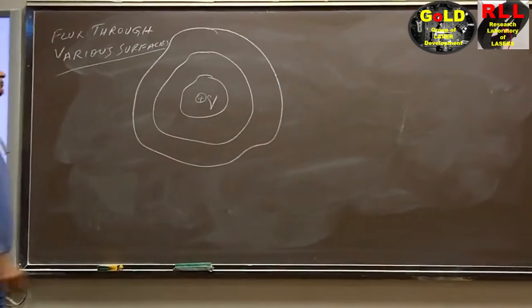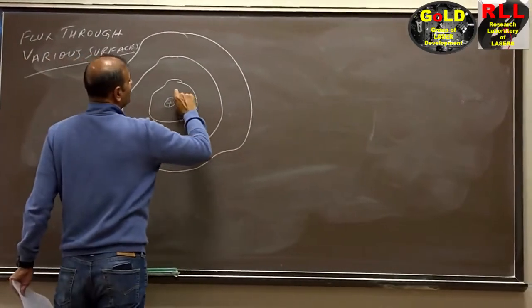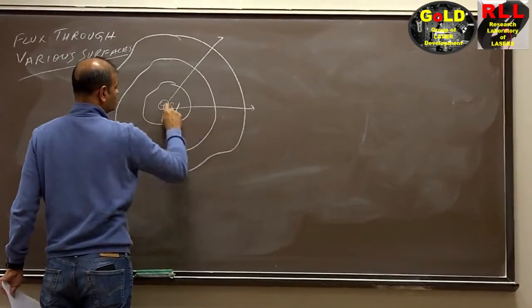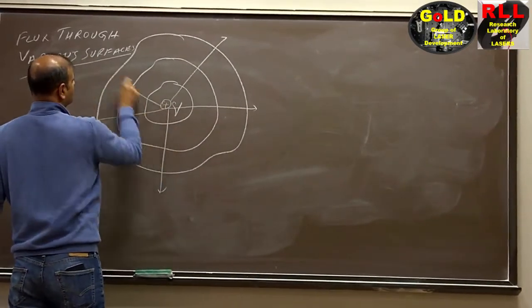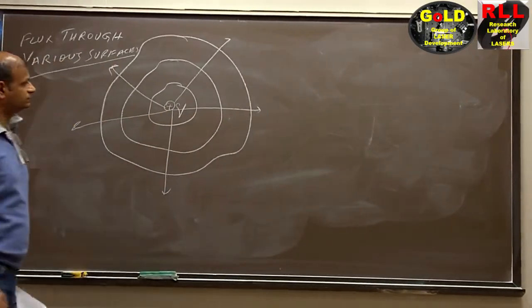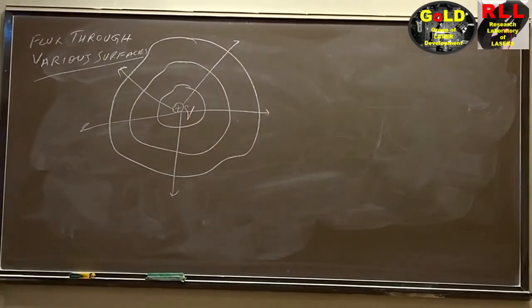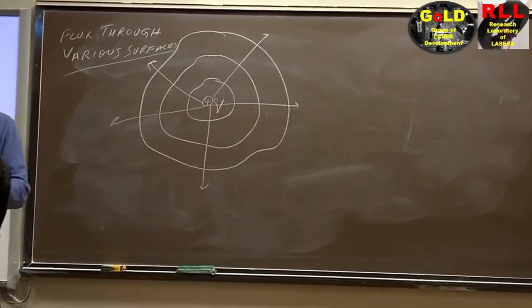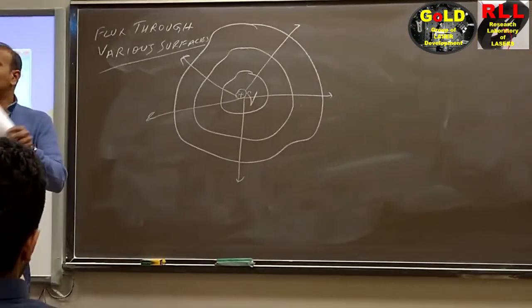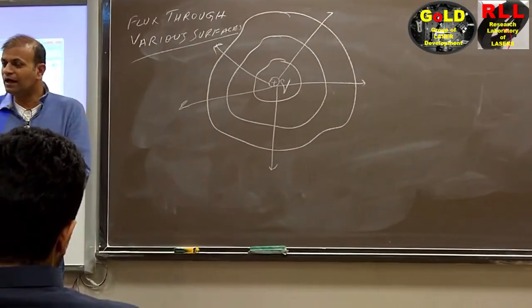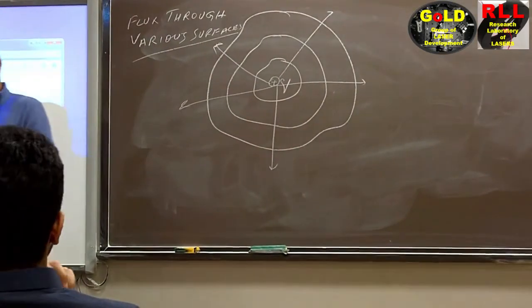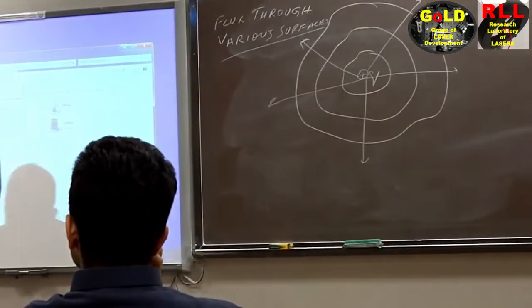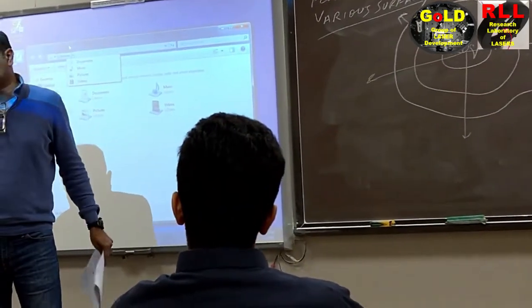It means the electric field lines pass through all the surfaces. There is one football, inside of it another football, inside of it another football, and there is one charge inside of that. So the electric field lines pass through all the footballs.